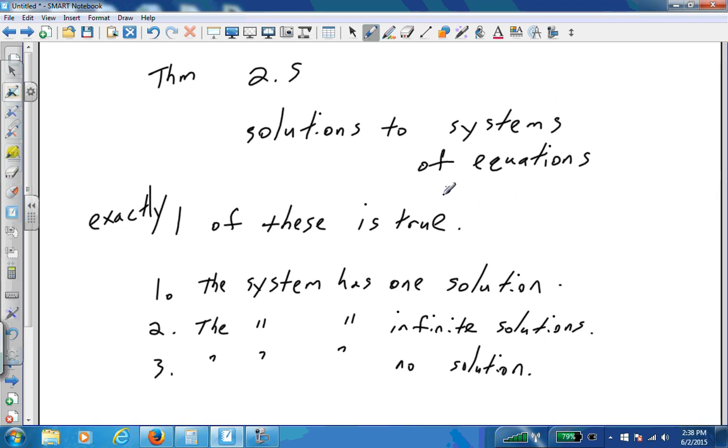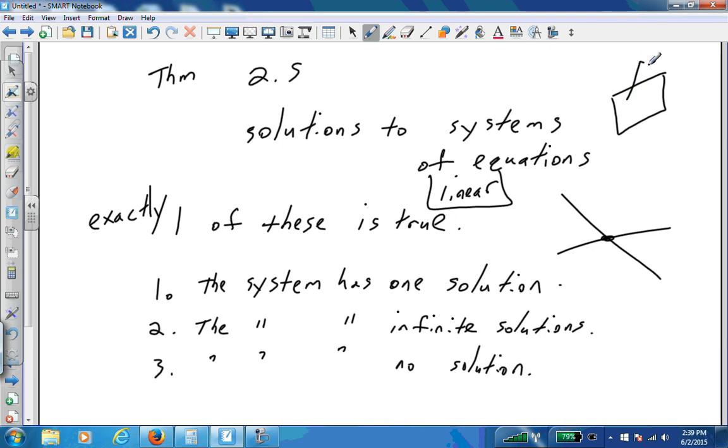Key word here is that these are linear. Think about it. If we have two lines that intersect, we get one solution. If we were to have two planes that intersect, those intersect at a line, so there are infinite solutions.